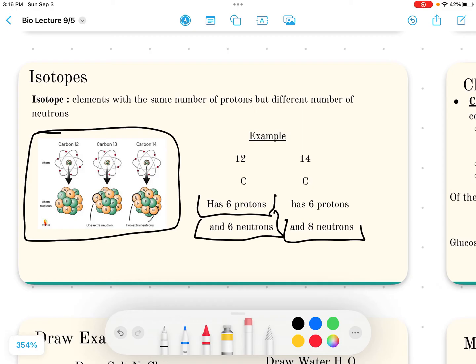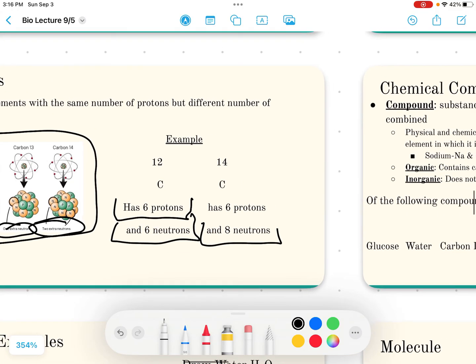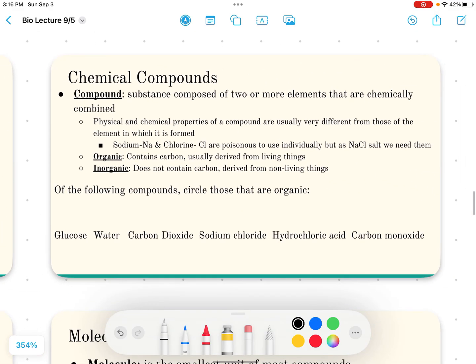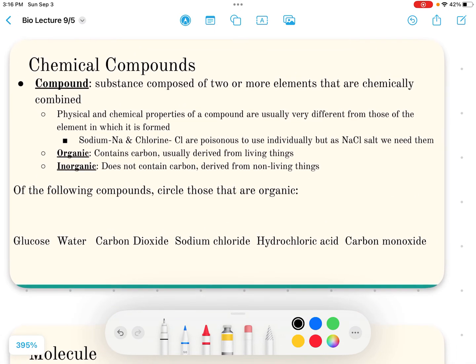And it just changed the weight. We could also only gain 1 extra neutron. And sometimes we can gain 2. It just depends on the different size of each isotope. So that's why, again, the atomic mass is an average. And we use those isotopes for different things. A lot of times we use it for decaying to try and figure out the age of something.